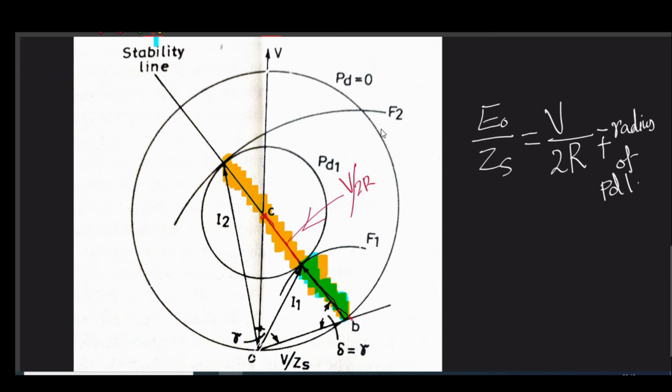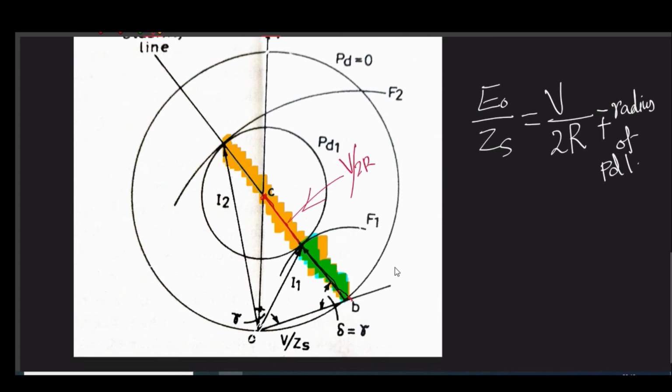Now another thing that is quite interesting. Okay, I think this is going to be quite a long one. Next day we will first discuss what would be the nature of the curve if we disregard armature resistance, and then we also try to discuss what is meant by this stability line.